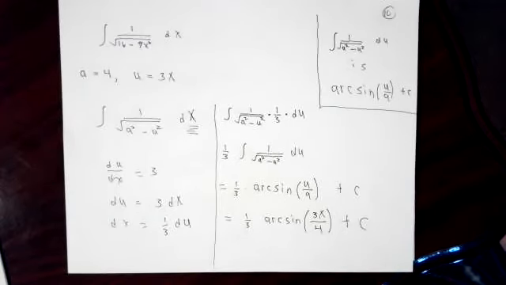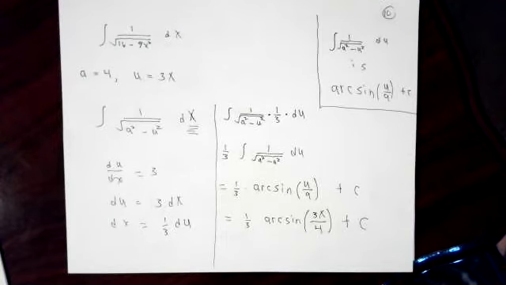I want to look at the integral of 1 over square root 16 minus 9x squared. If I think of the number a as being 4, 4 squared is 16, so that would match up. I want to think of the 9x squared as being the square of something, which I'm going to call u.